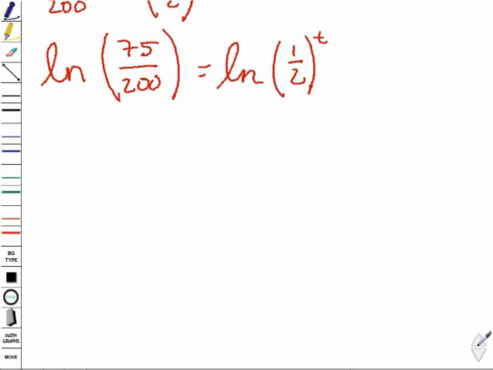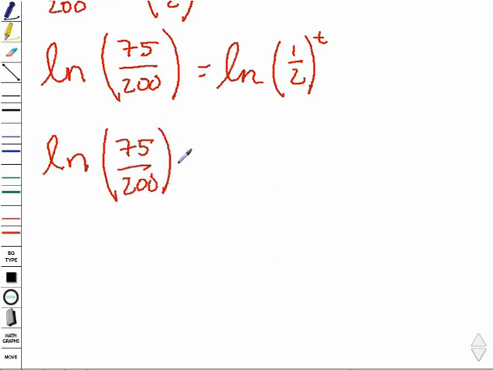When we take the natural log of both sides, we see that, well, we're first going to keep our natural log of 75 over 200, and taking the natural log of 1/2 to the power of t, we get an answer of a negative 0.693 t. This takes the t out of the exponent and brings it down.